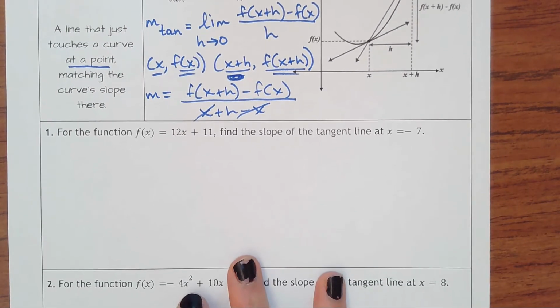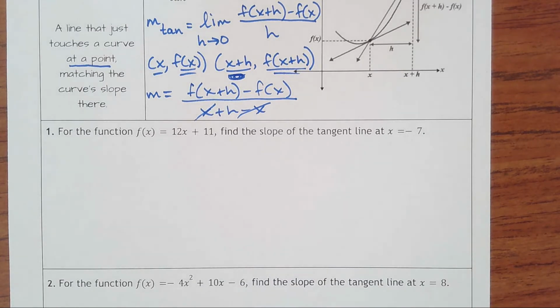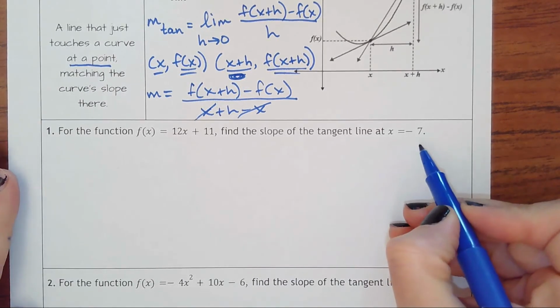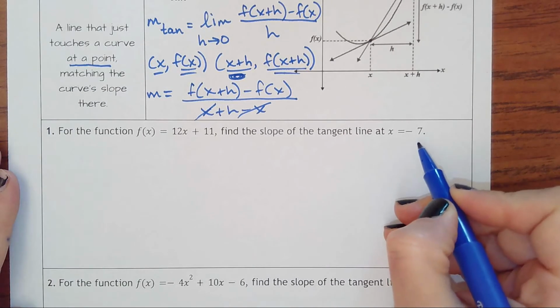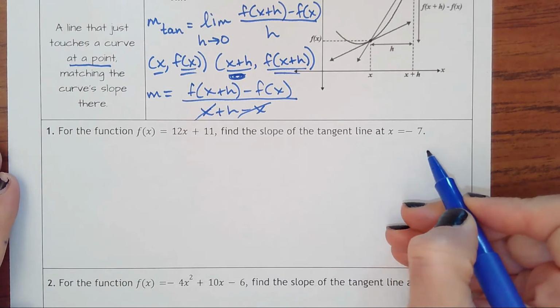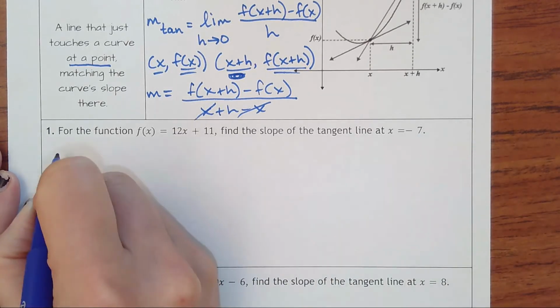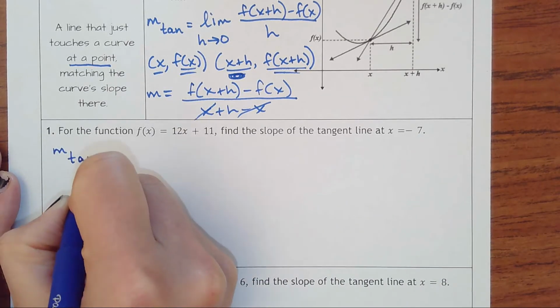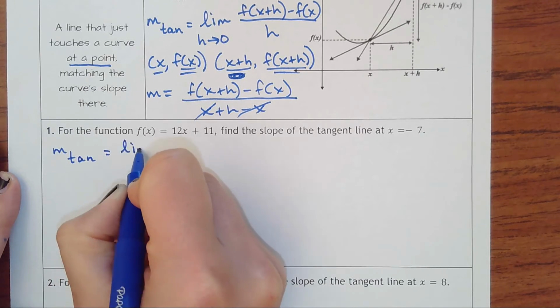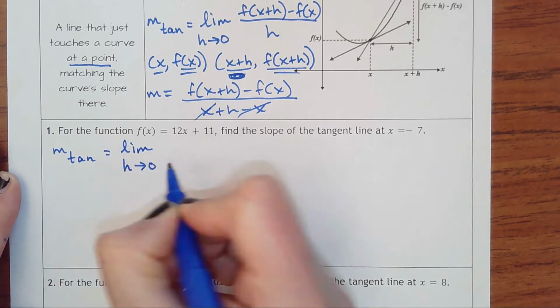So let's try one. For the function f of x equals 12x plus 11, find the slope of the tangent line at x equals -7. So we're trying to figure out what is the slope exactly at -7. We want our h value to get closer and closer to that number. So we're going to find the slope of the tangent line by taking the limit as that h value gets to 0.